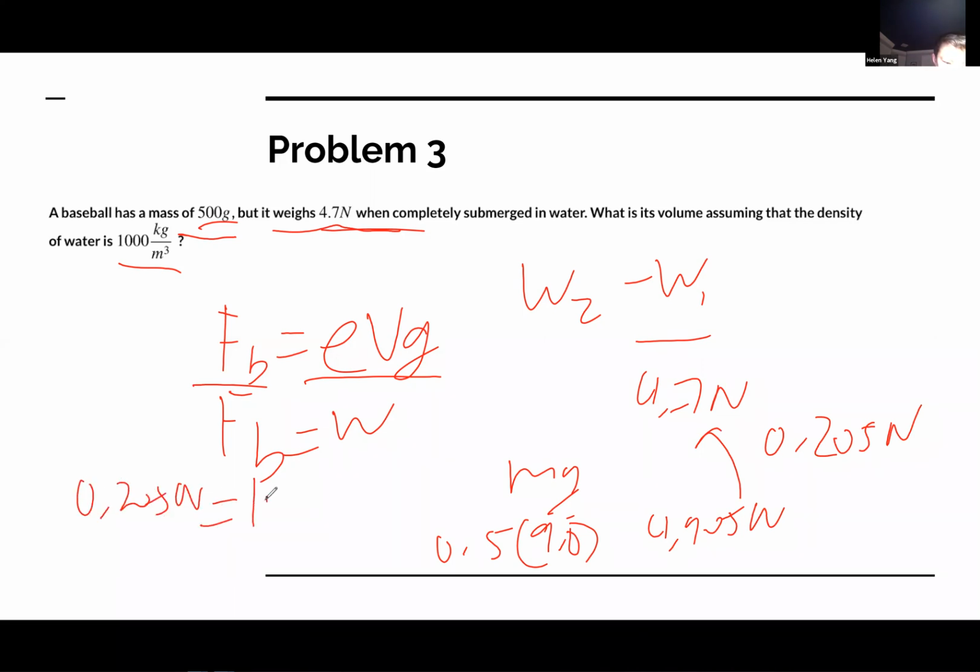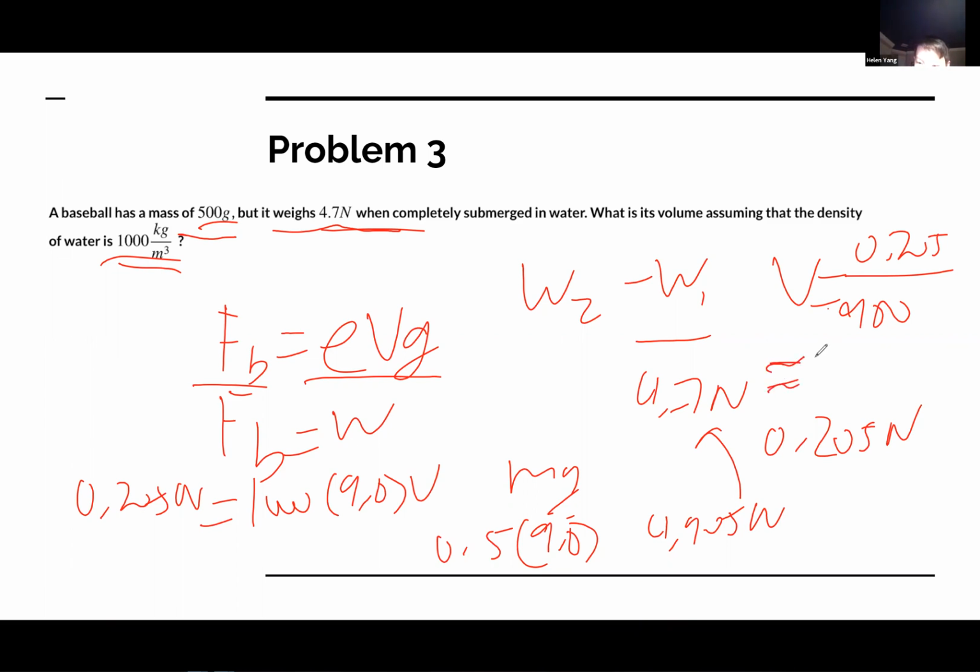You know the density is 1000 kg per meter cubed, times 9.8, times V. So V would be equal to 0.205 divided by 980, and that's equal to about 20.9. Oh, sorry.